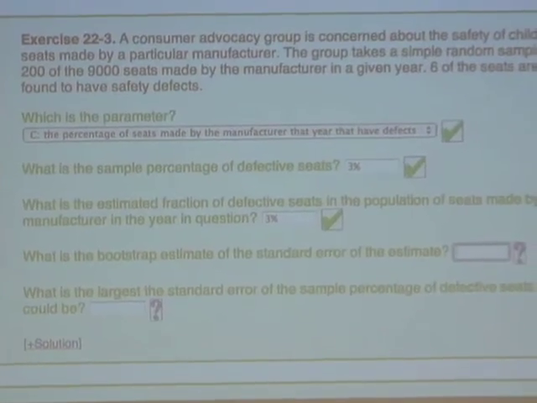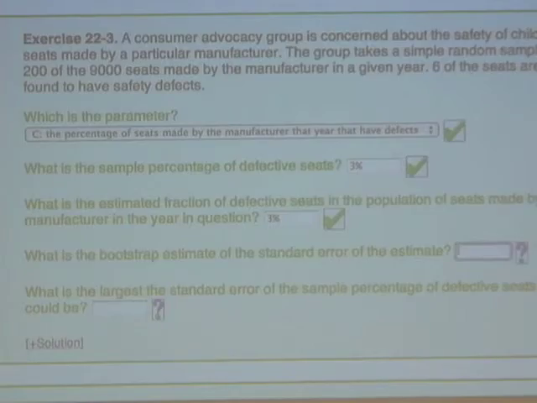What's our bootstrap estimate of the standard error of that estimate?